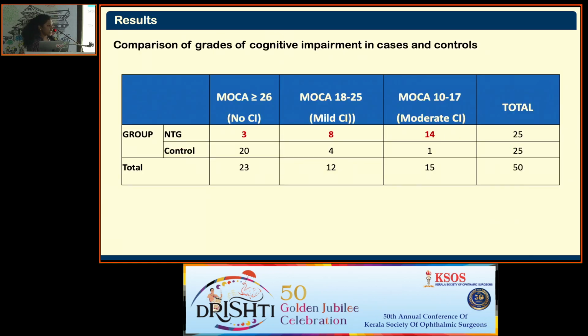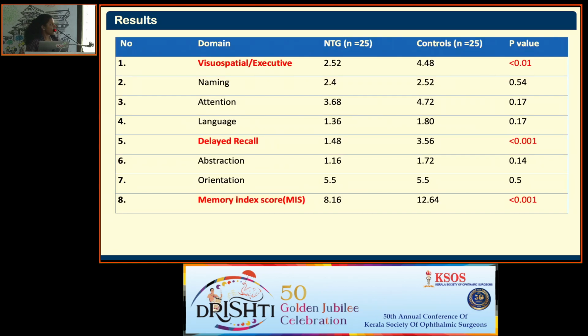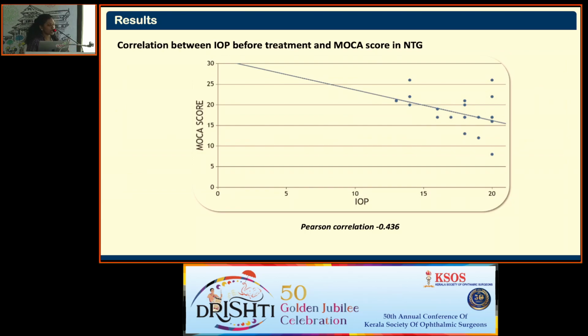Among the 25 NTG patients, we had 14 with moderate cognitive impairment, 8 with mild cognitive impairment, and only 3 had no cognitive impairment. Among the various domains affected, visuospatial executive functions, delayed recall of memory, and memory index score were significantly lower in normal tension glaucoma compared to the control group. There was also a negative correlation between IOP before treatment and the MoCA score.